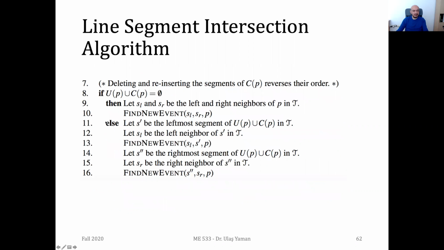And then we continue with the remaining operations. If the upper endpoint set U(P) and the containing set C(P) have no members, if the union of U(P) and C(P) is equal to an empty set, then we assign SL and SR to be the left and right neighbors of our event point, and then we call another function.